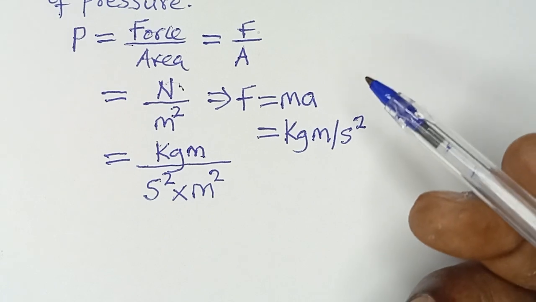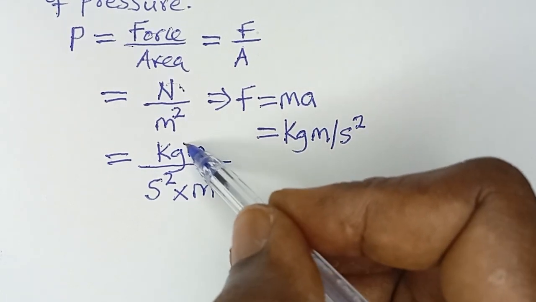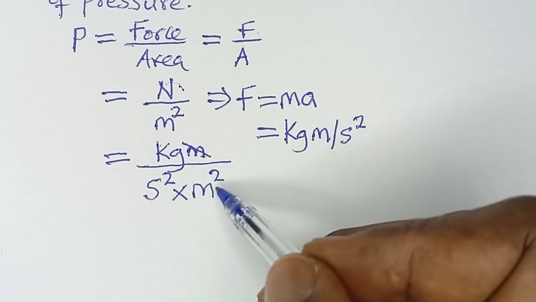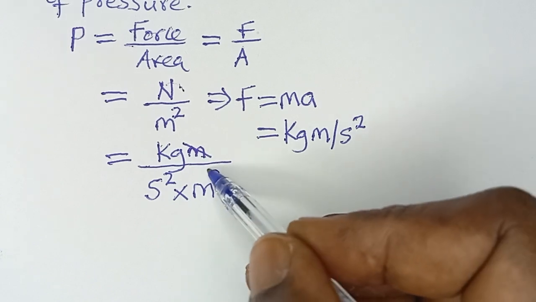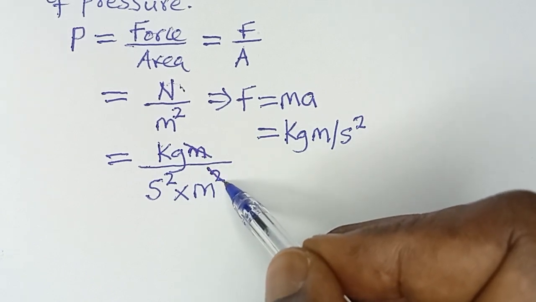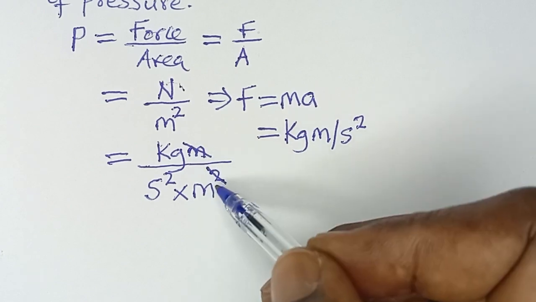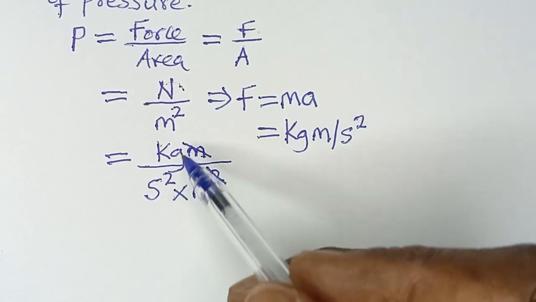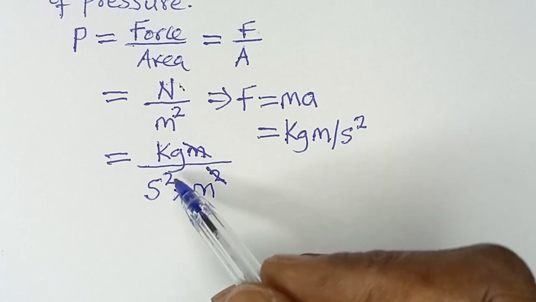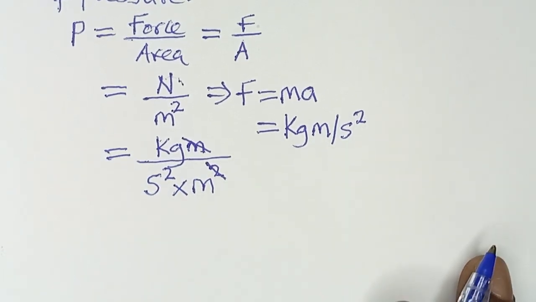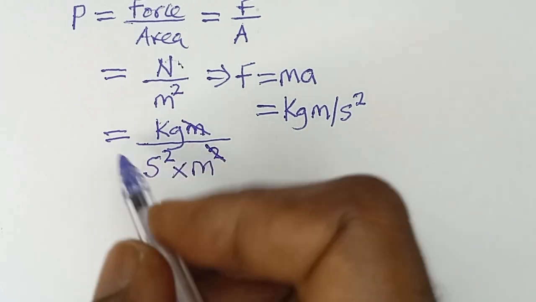So we can now simplify further. So this meter here can cancel one of the meters here, because the meter here is square. So this meter removes one of the meters here, because this is meter times meter. So m cancels one of the m here, and then we'll be left with kilogram all over second square per meter. So that becomes the unit of pressure.